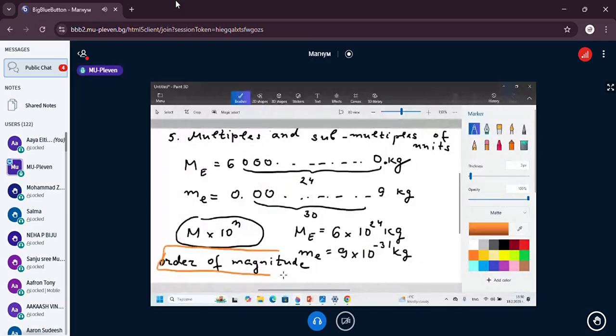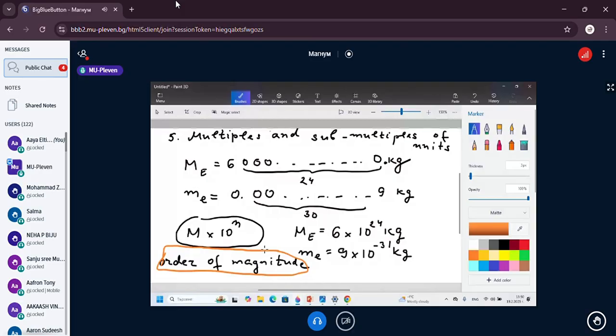Order of magnitude is the numerical approximation of a number to its nearest power of 10.